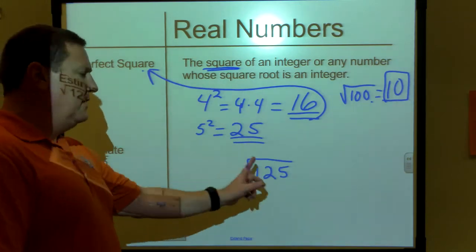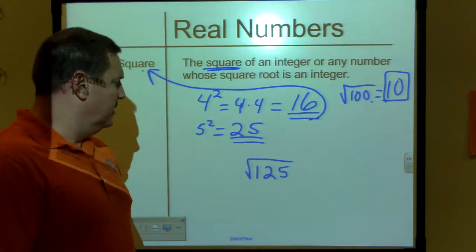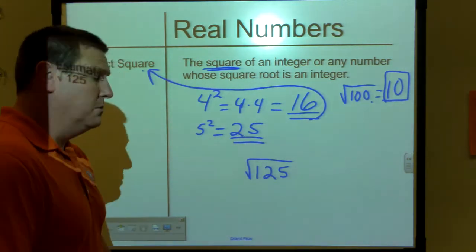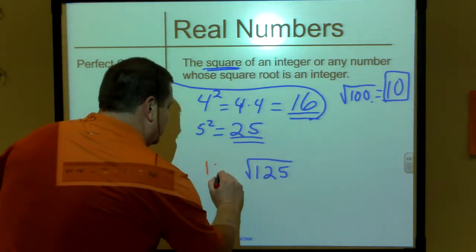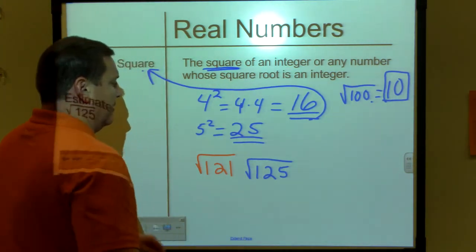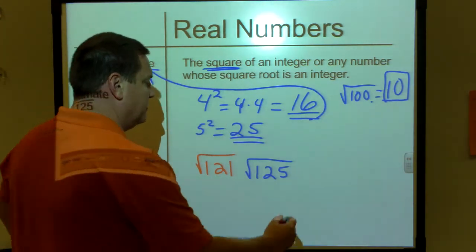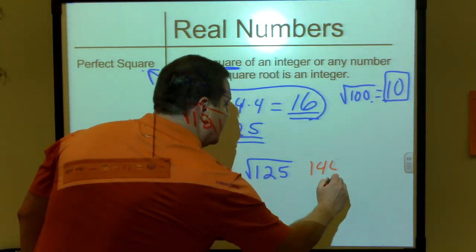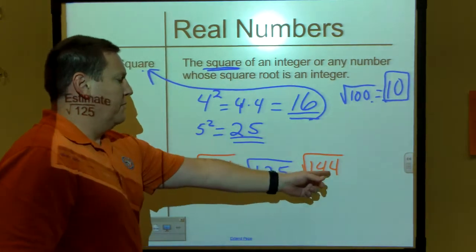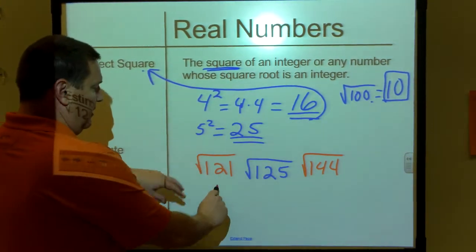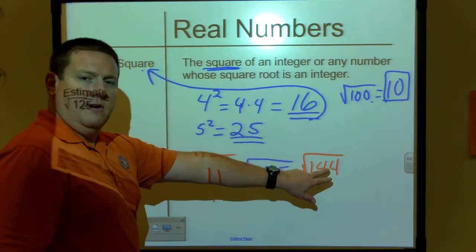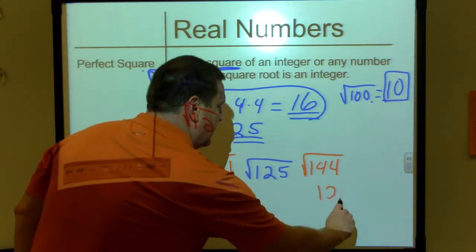Well, 10 times 10 is 100. That's close, but I think I can get a little closer. 11 times 11 is 121. So 121 is the next closest perfect square below this. And then if I go to 12, 12 times 12 gives me 144. These two numbers are perfect squares. The square root of this is 11, and the square root of that one is 12.